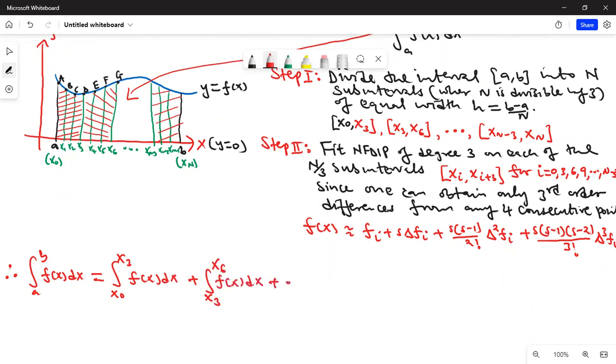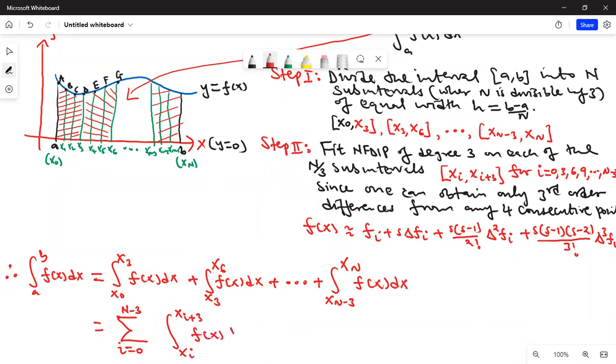There are so many of them up to the last 3 strips, which is from xn minus 3 to xn of f of x dx. And so in terms of summation, it's the same as writing the sum from i equals 0 to n minus 3 of the integral from xi to xi plus 3 of f of x dx.